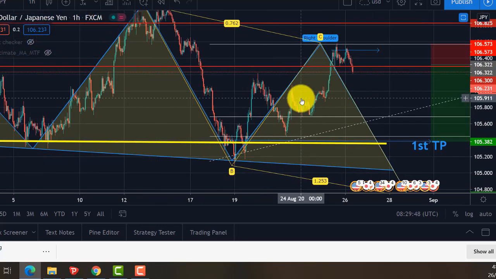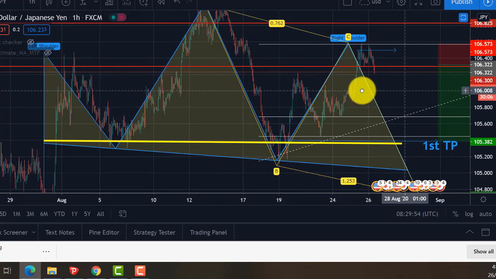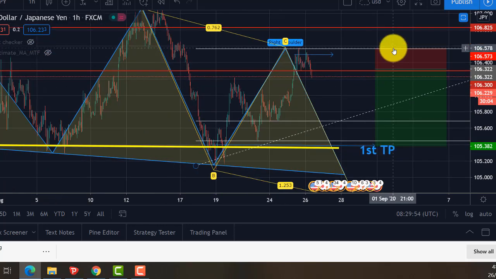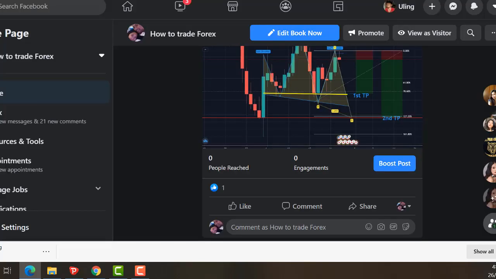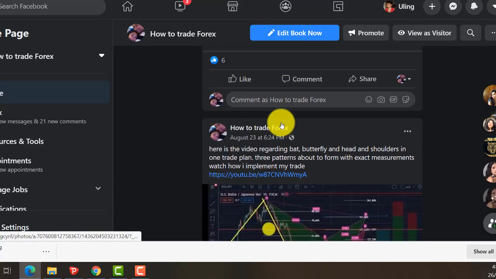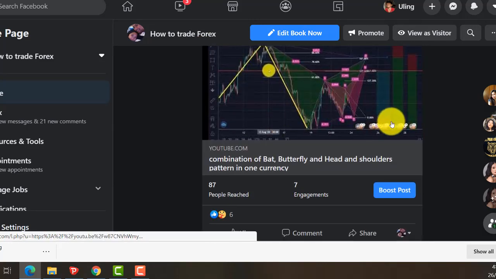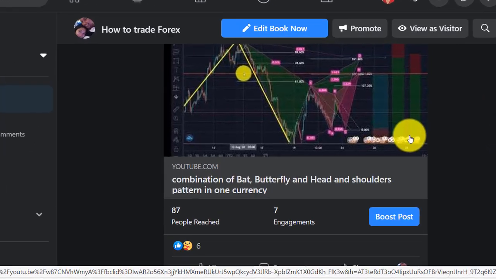Now, what I'm going to talk about right now is, since meron na po tayong entry point, meron din tayong stop loss, saan ang first take profit natin? Although I have talked last time and specifically inputted na dito mailalagay ang ating take profit.